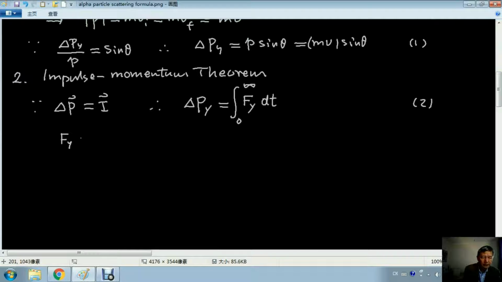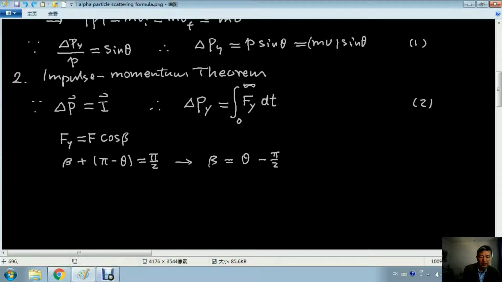We'll write down these two important formulas here. The y component of the force can be written as F times cosine beta. And here, what is beta? Where beta plus pi minus theta equals 90 degrees, or half pi, with some simple algebra, beta will equal theta minus pi.